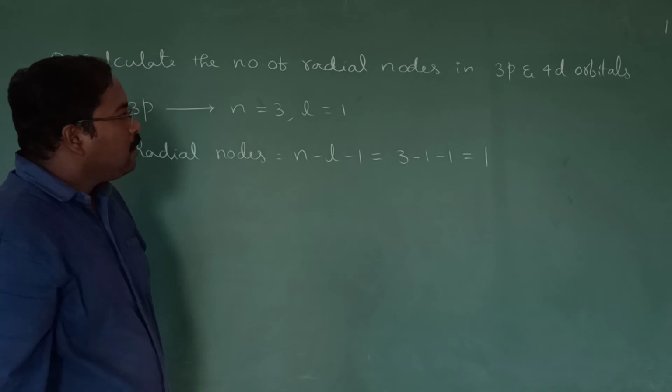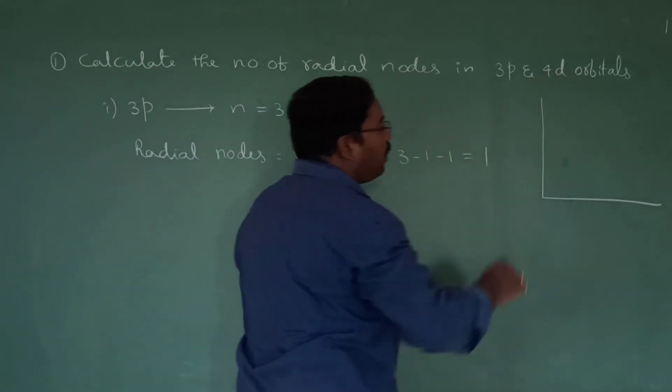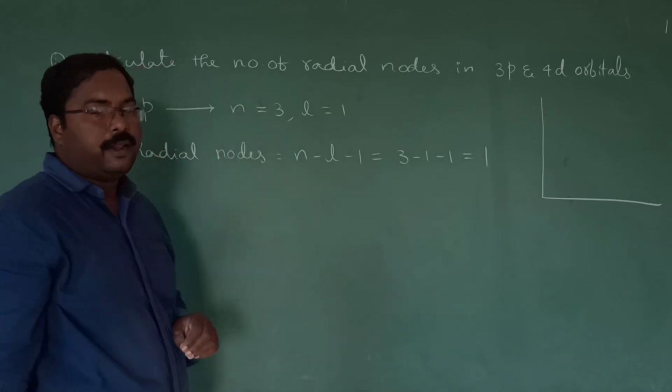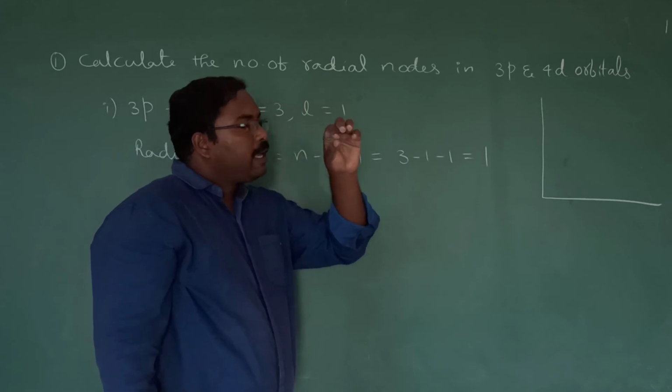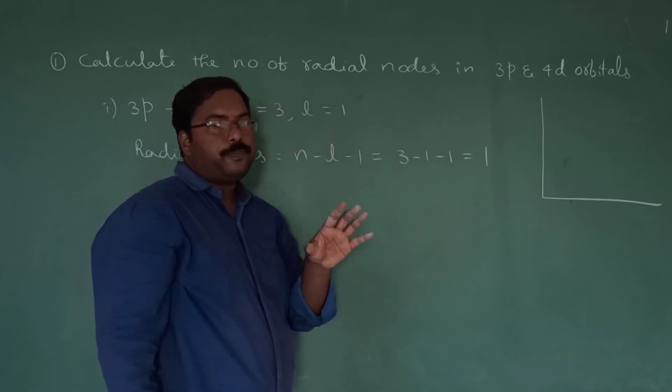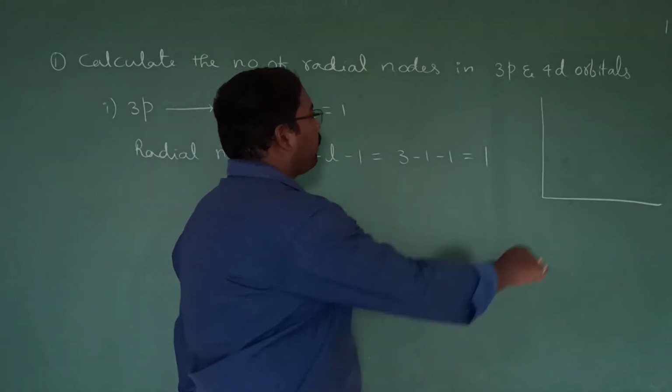Okay? So now, what will be the graph for this 3p orbital? Because sometimes they will ask you to find out, of the given graphs, which represents 3p orbital. So look at it.